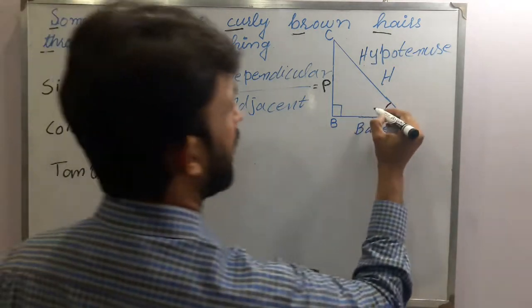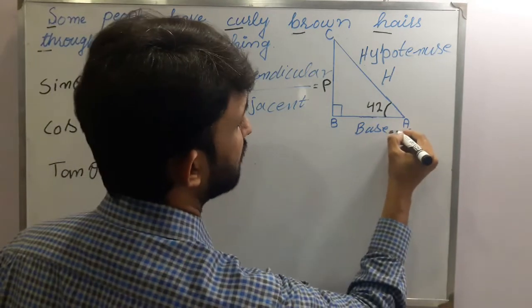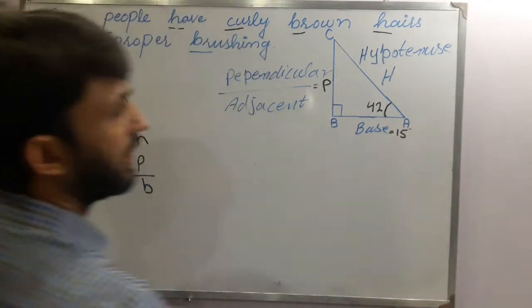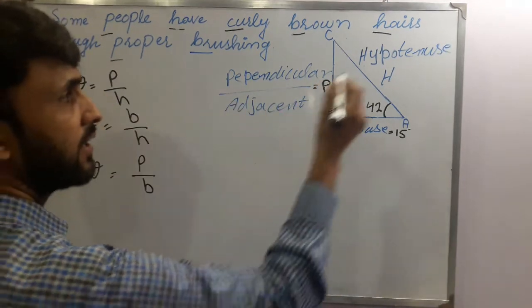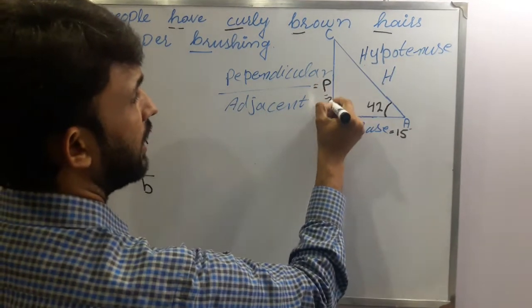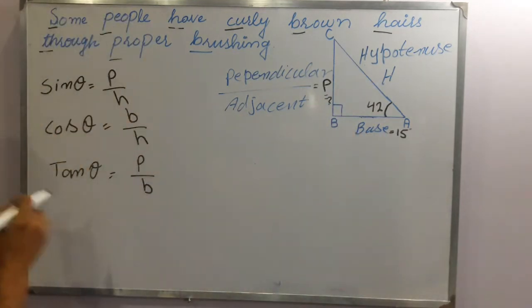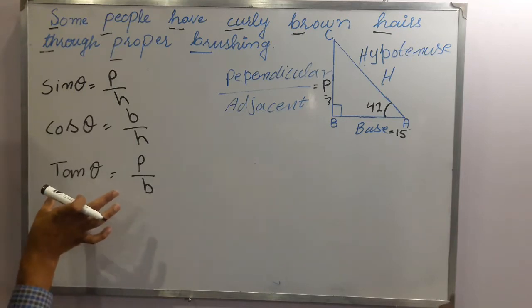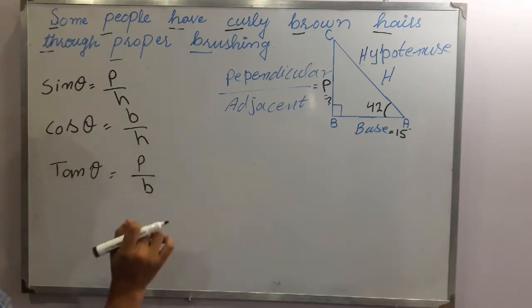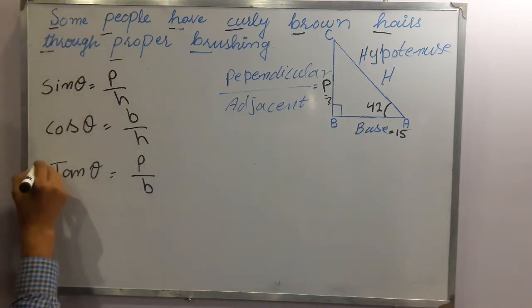Suppose we have 42 as an angle and the base is 15, and we have to find the perpendicular. First we have to decide which formula will be most accurate to find the perpendicular, where perpendicular and base are used.